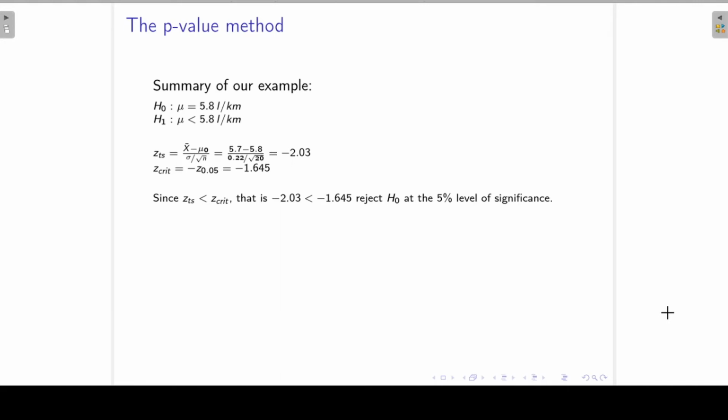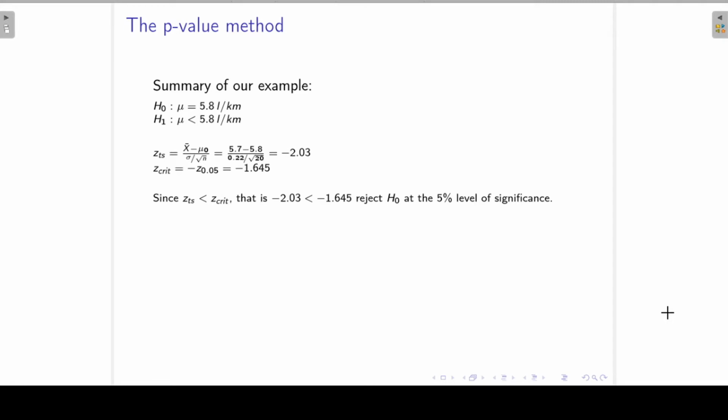I have the null and the alternative hypothesis, and then the calculated test statistic value, which we calculated from the sample information, negative 2.03. And then we have our critical value, minus 1.645. And we said because our calculated value is less than our critical value, we reject the null hypothesis.